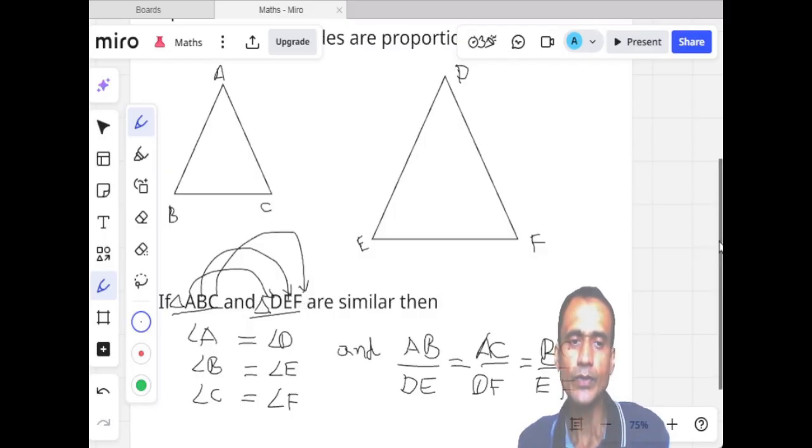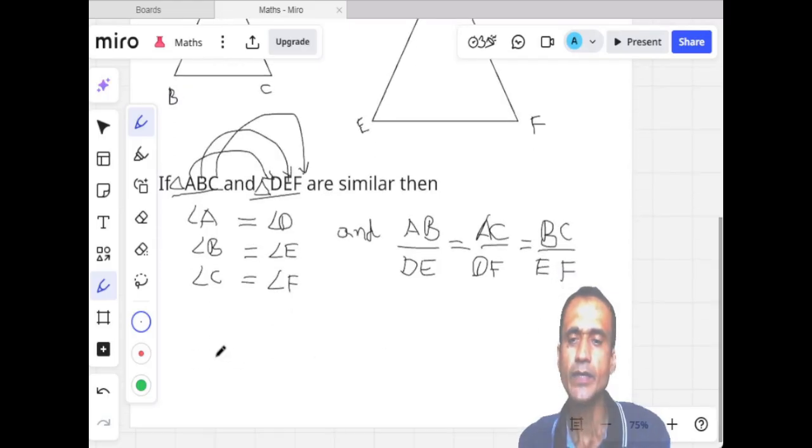Now, as we know from class 9th, when we studied congruence of triangles, there are certain theorems based on which we can state, without actually measuring each and every side or each and every angle of two triangles, that two triangles are congruent if we know that their sides are equal.